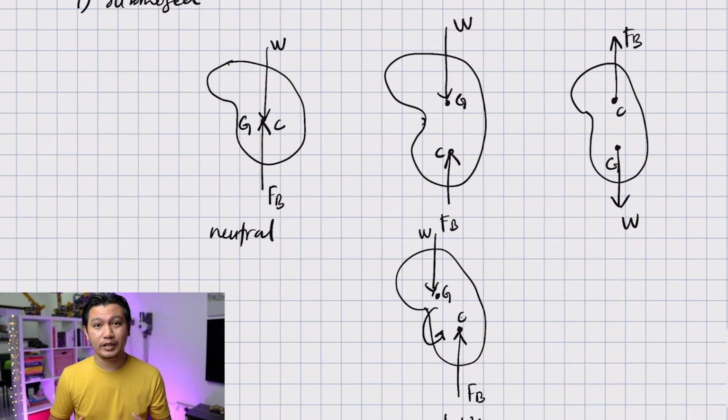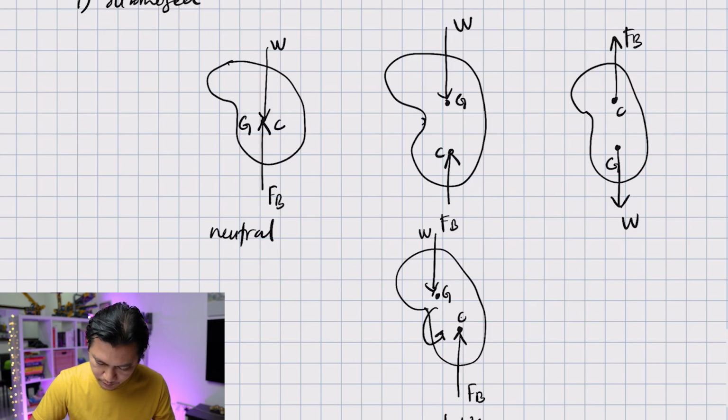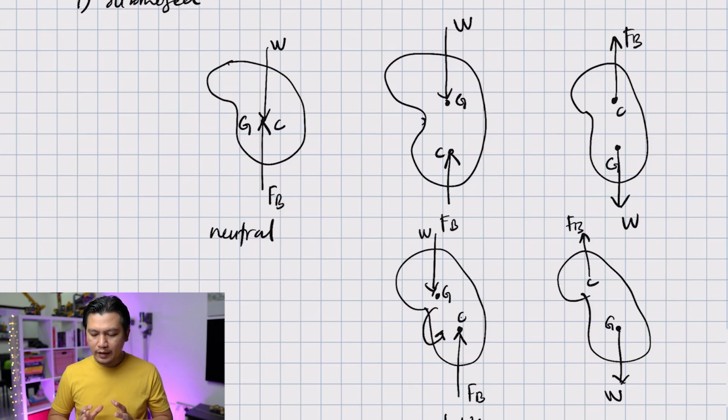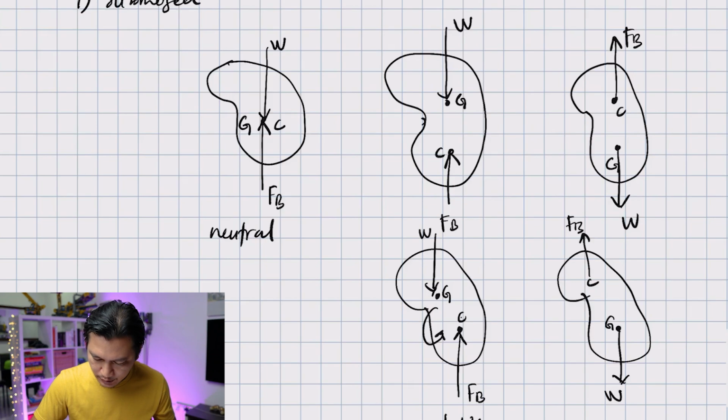What happens to the stability? So now, this acts downward, this is your G, and this acts upward, this is your C. This is your buoyant force and this is your weight. Now, what happens is that it has a moment that looks something like this.